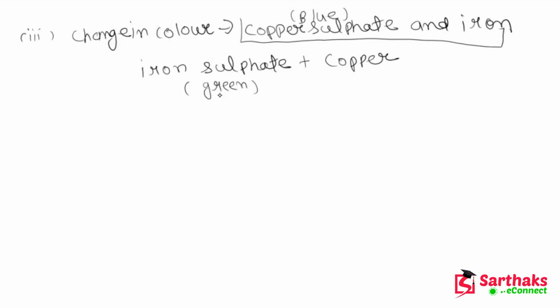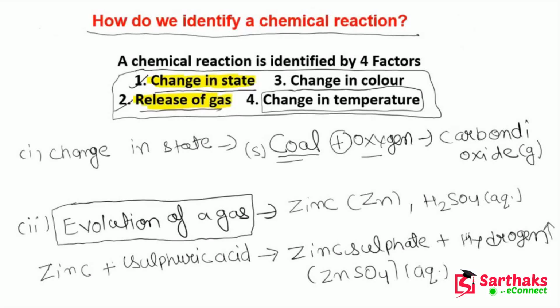So if a change in color is taking place, then also we can say that a chemical reaction is taking place there. Okay guys, so far we have seen three factors. First one is change in state, second one is release of a gas, and third one is change in color.